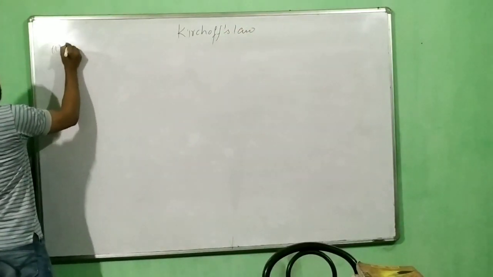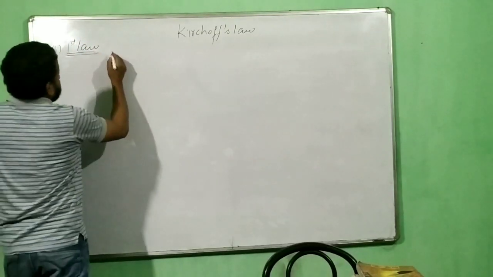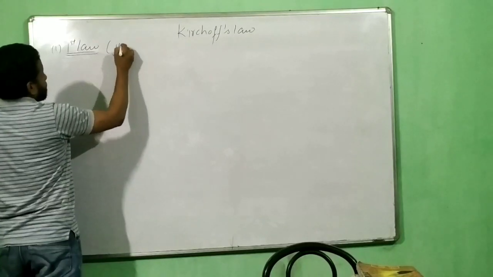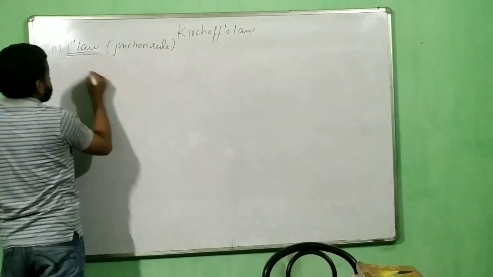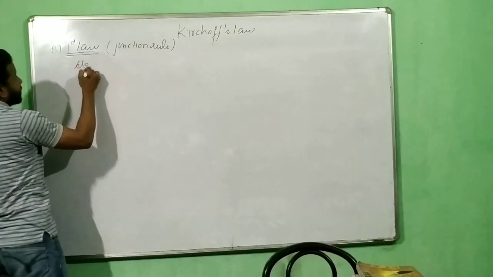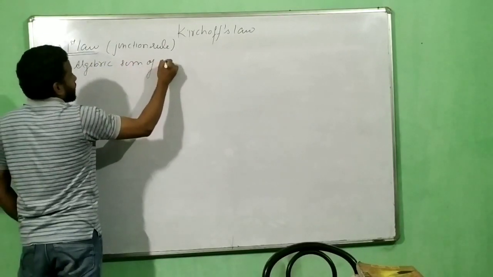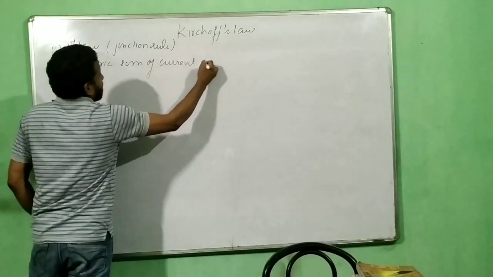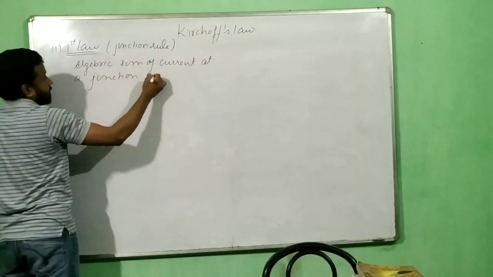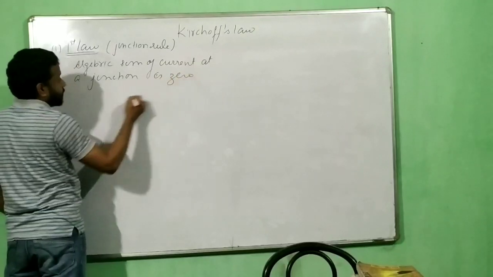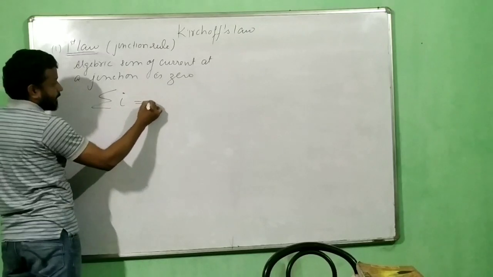First law, Kirchhoff's first law, also known as the junction rule, it says that the algebraic sum of current at a junction is 0, meaning if I take the algebraic sum of all the current, it will end up to 0.